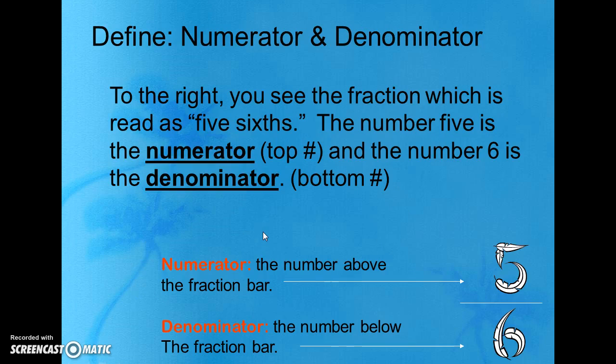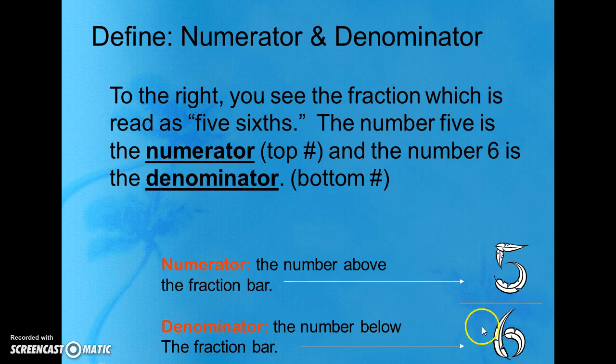So what is a numerator and denominator? So to the right you see the fraction, which is read as 5/6. The number 5 is the numerator, so that's your top number here. I know you guys have seen this before, just reviewing these math words. And our denominator, that's the number on the bottom below the fraction bar.